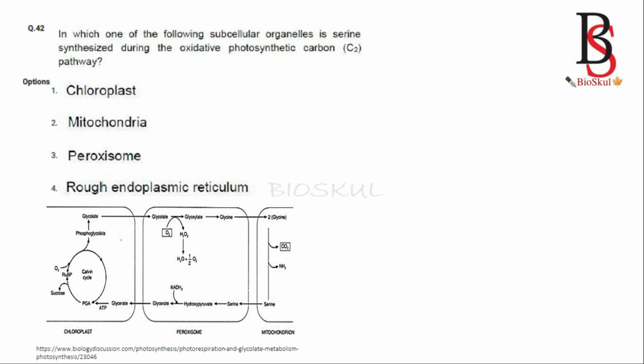Question number 42. In which one of the following subcellular organelles is serine synthesized during the oxidative photosynthetic carbon pathway? This is the C2 pathway, also called the photorespiration pathway, which is a very harmful pathway for plants. The C2 pathway takes place through 3 cell organelles: chloroplast, peroxisome, and mitochondria.